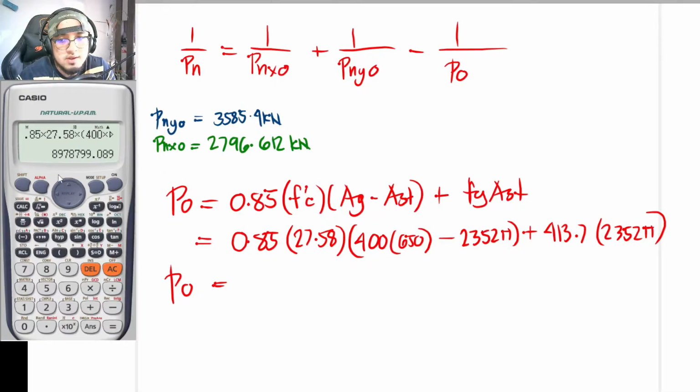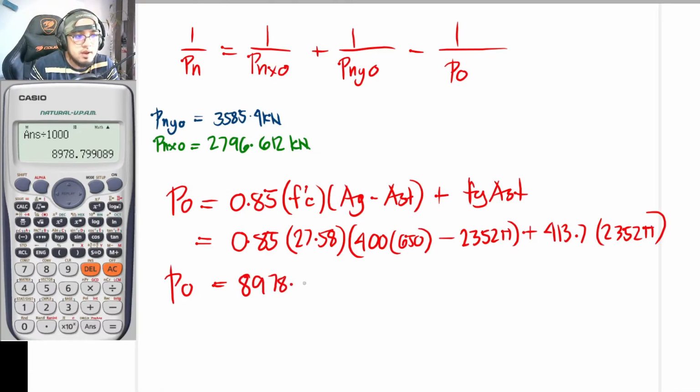So our PO is now to be equal to 8978799. Divide ko by 1,000 just for me to convert it into kilonewtons. So my answer here is to be 8978.799 kilonewtons.